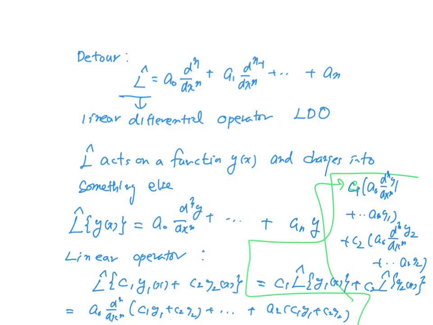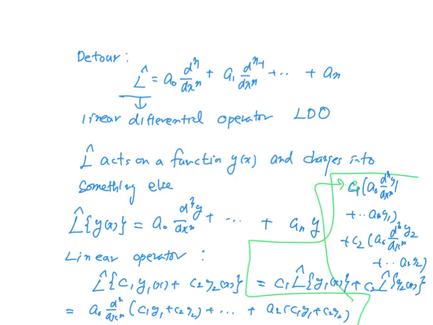Right. So if we add some functions together and then apply this differential operator, the result is the sum over each function. So L is a differential operator, which acts on the function y(x) and changes it into something else.